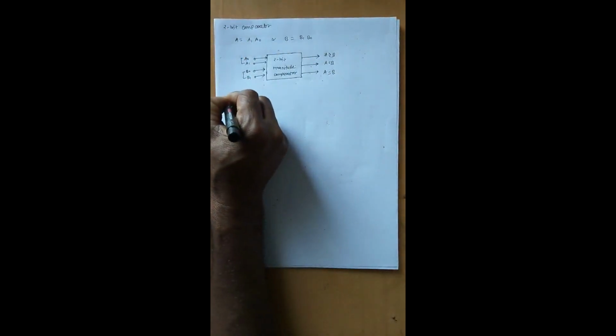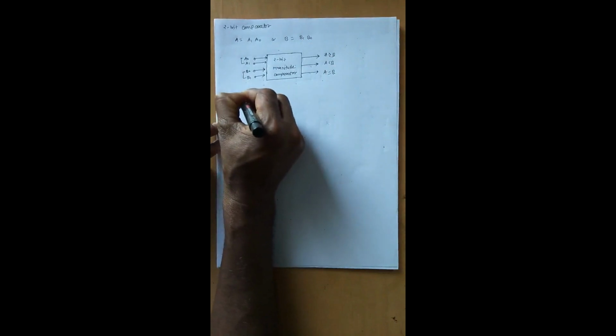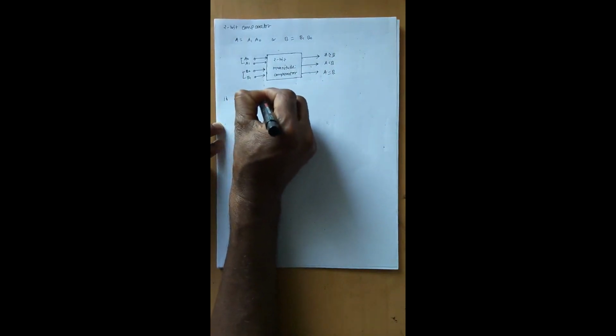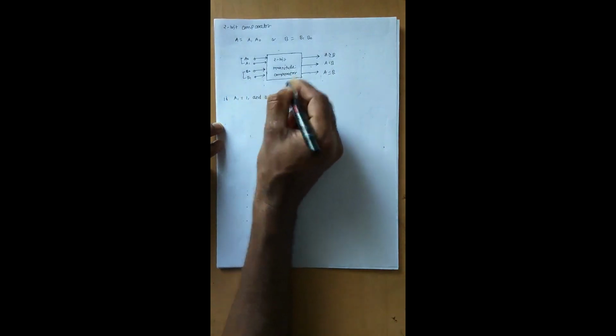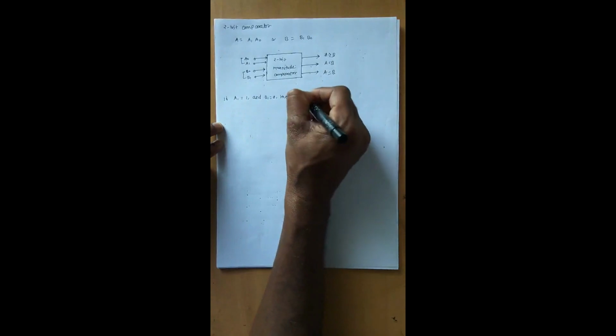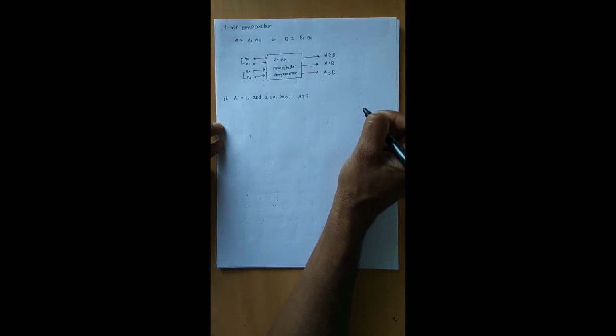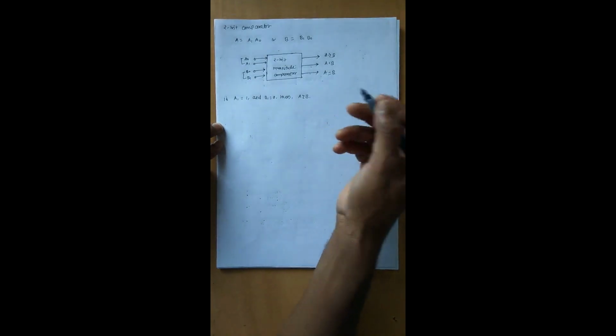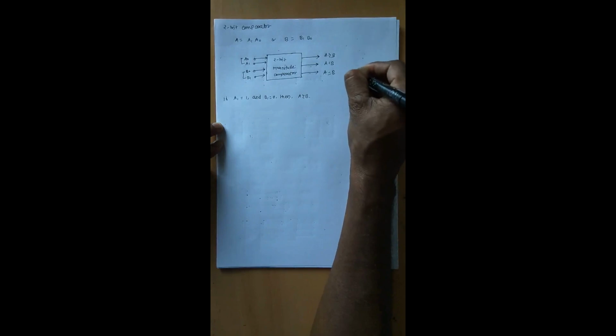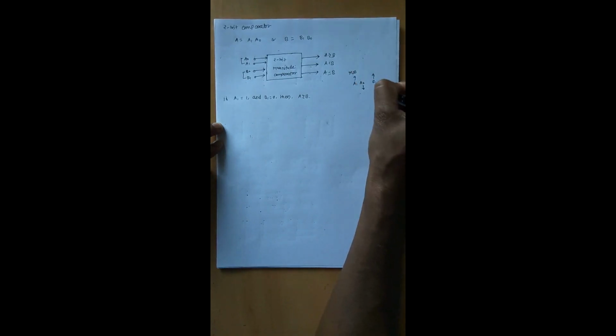First, if A1 is equal to 1 and B1 is equal to 0, then definitely A is greater than B. So this is the first condition, because if you observe carefully, in A1, A0 and B1, B0, the A1 and B1 bits are MSB, that is most significant bit, and A0 and B0 are LSB, that is least significant bit, because the MSB has more weightage as compared to this one.